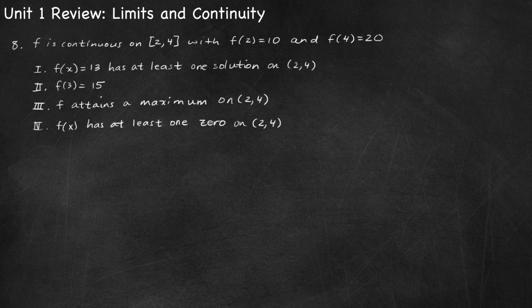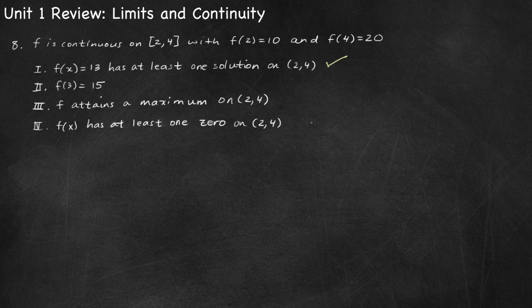Well, 13 here is a y coordinate, and it is in between f of 2 and f of 4, the y coordinates at our endpoints. Since f is continuous and our value 13 falls in between f of 2 and f of 4, then the intermediate value theorem does indeed guarantee at least one solution on that open interval from 2 to 4. So this is true.